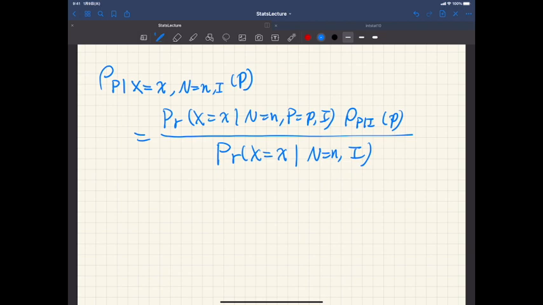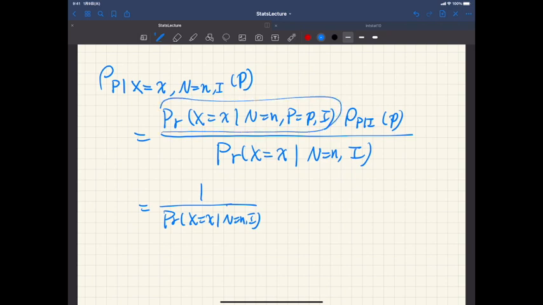If you substitute all the information, apart from the denominator, let's just leave the denominator as it is. This part is the binomial distribution, so it's n choose x, p to the x, 1 minus p to the n minus x.